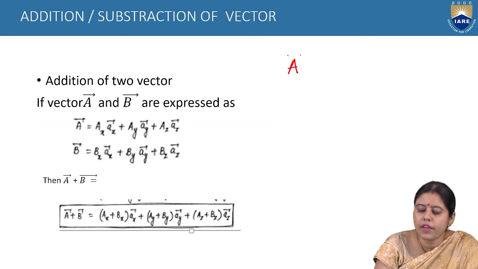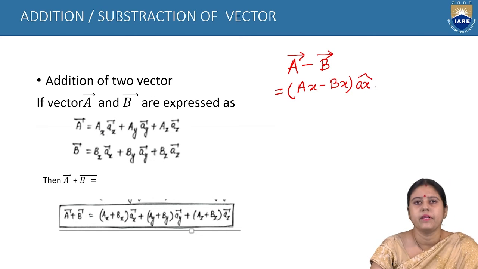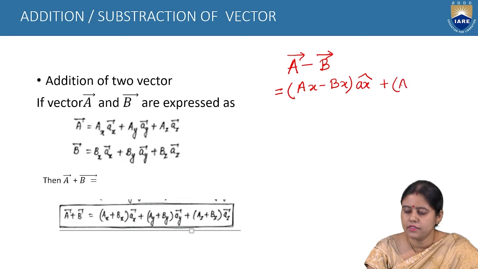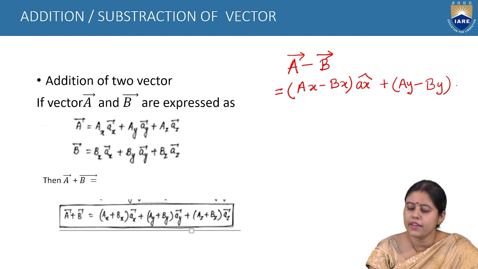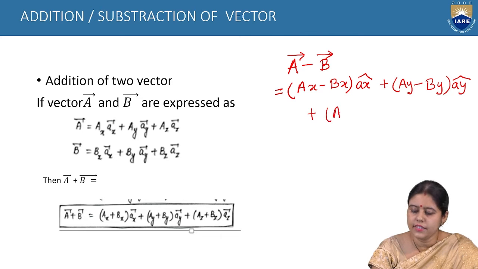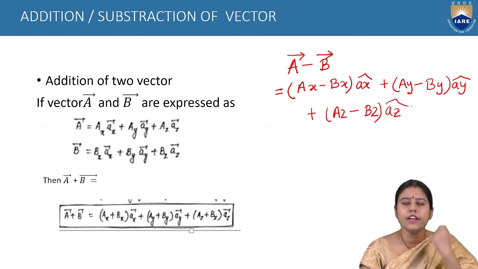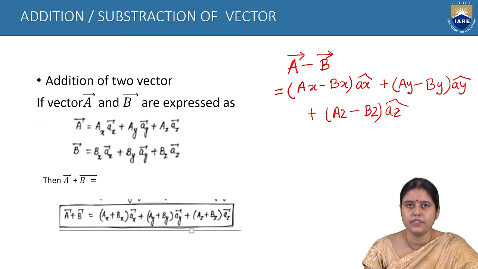Similarly, for A minus B, it will be AX minus BX plus AY minus BY plus AZ minus BZ. So this is the addition and subtraction of the vector.